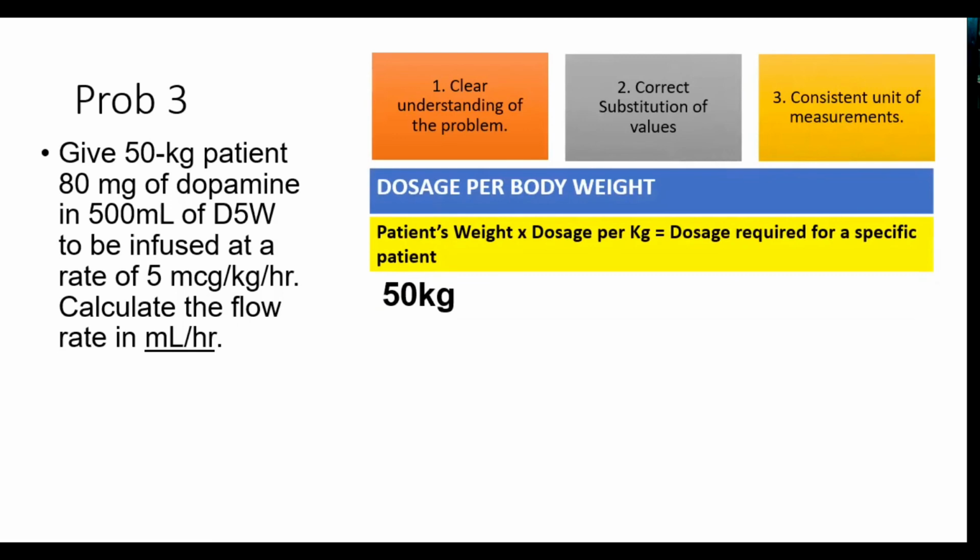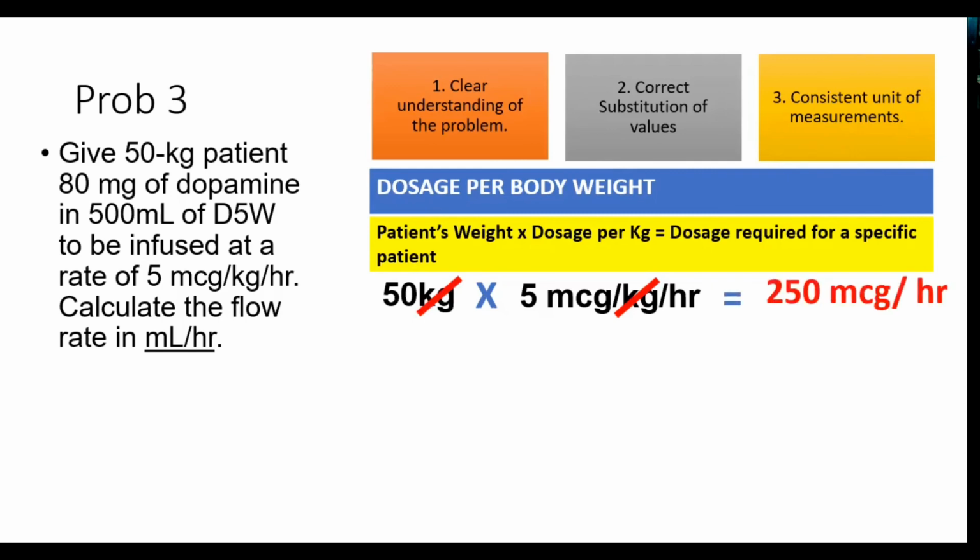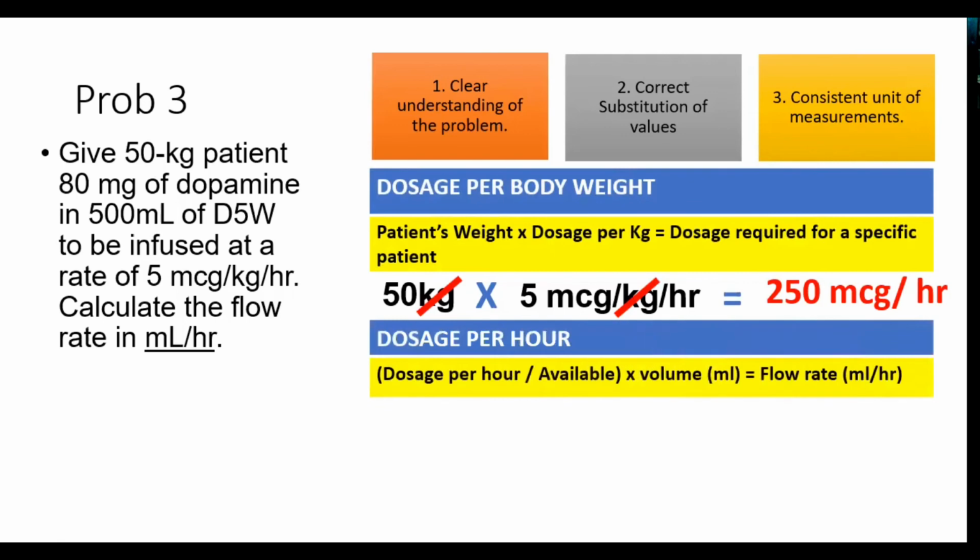Given is 50 kilograms body weight of a patient multiplied by 5 microgram per kilogram per hour, that is the dosage per kilogram. We can now cancel kilograms in the patient's weight and the dosage per kilogram, which will give us the answer of 250 microgram per hour.